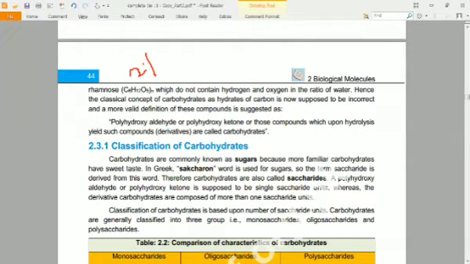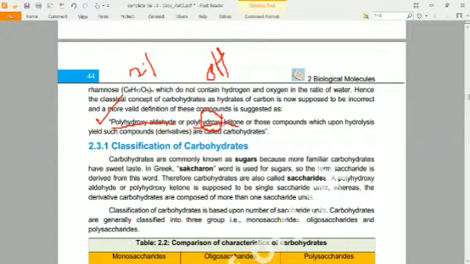So scientists have revised the definition of carbohydrates: they are polyhydroxyaldehydes or polyhydroxyketones. Polyhydroxy means that in the molecule the hydroxyl group, the OH group, is present.